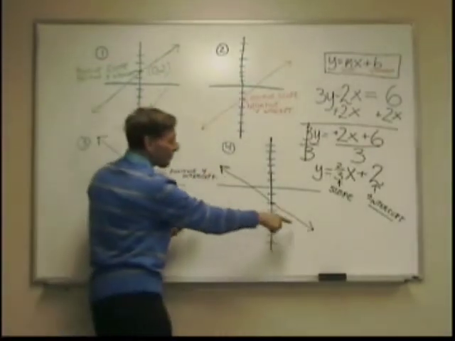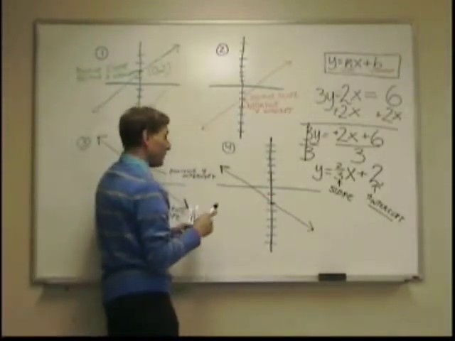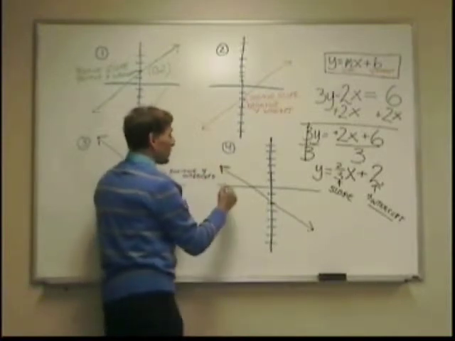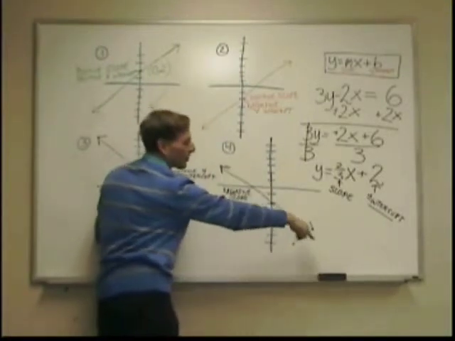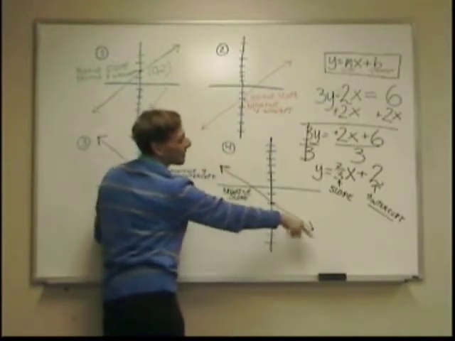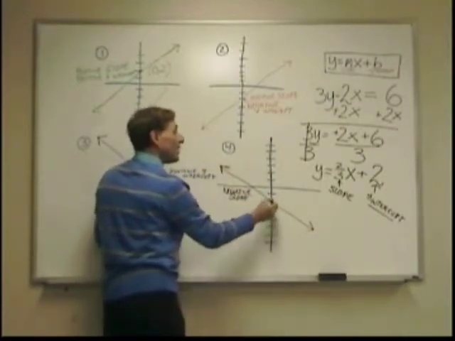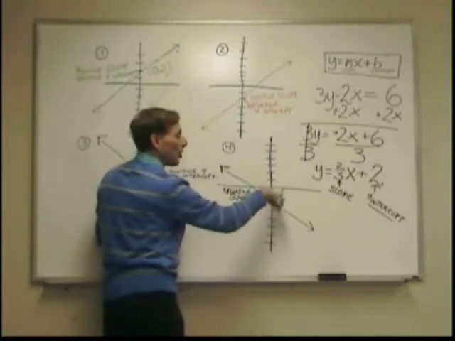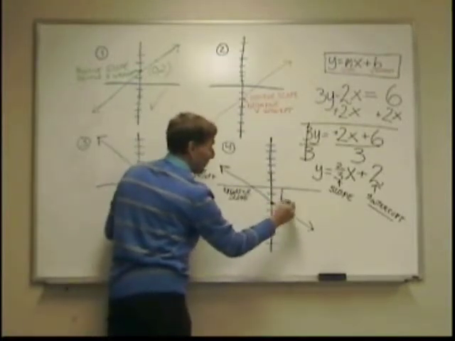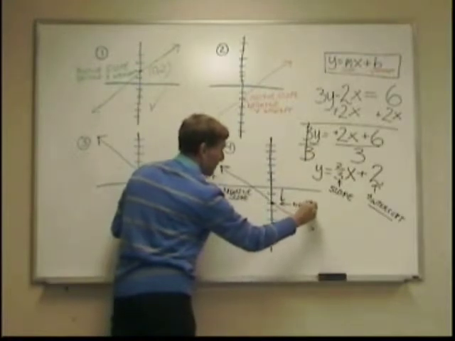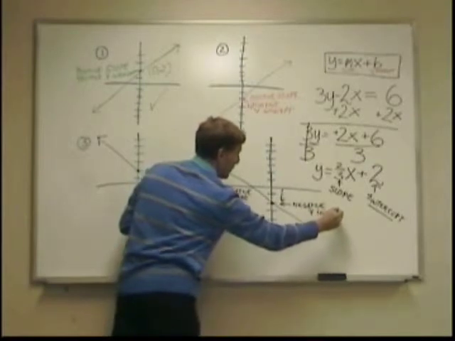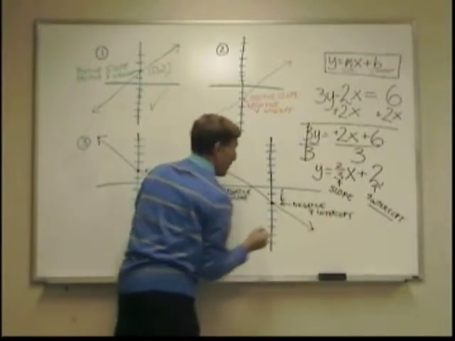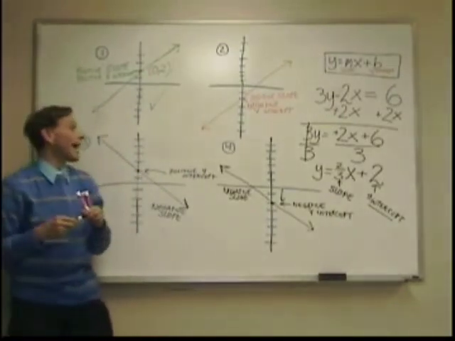And this line here, this black line on graph number 4, is a negative slope going downward from left to right, like sales going down, business doing badly. It's also a negative y-intercept. It's below the x-axis. It's a negative. y-intercept is negative on that last one.